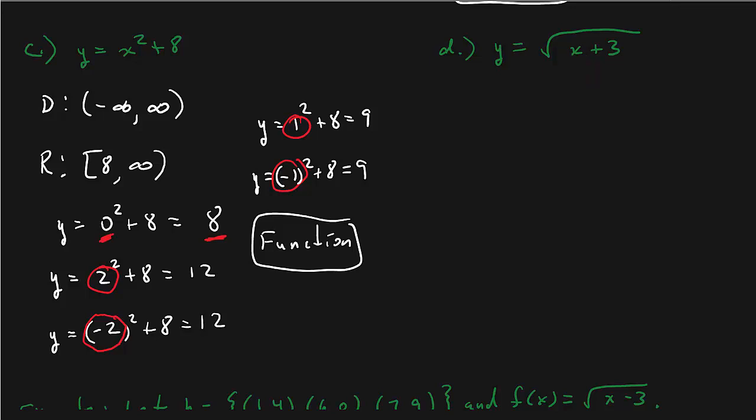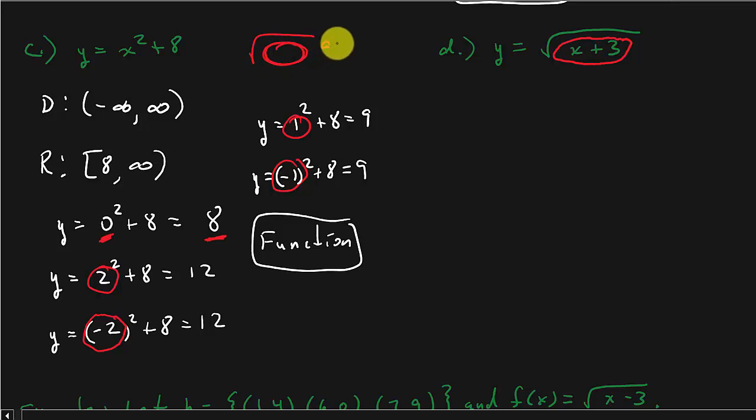So the way that we want to look at square roots is, look at that. Do you agree with me that whatever we have under the square root can't be negative?